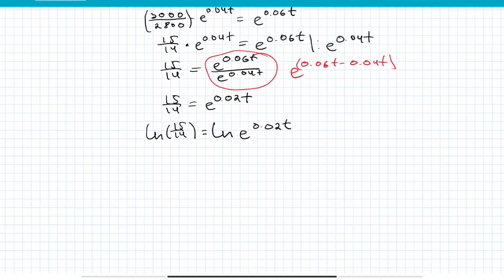You know the properties: natural logarithm is basically the same as a logarithm in base e.